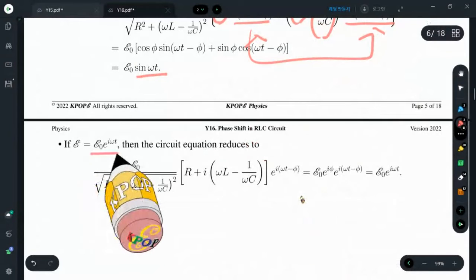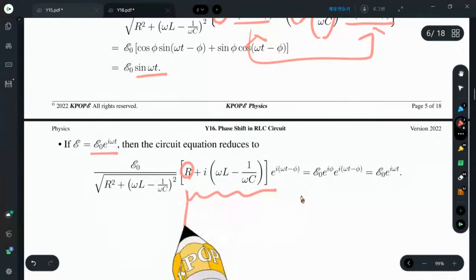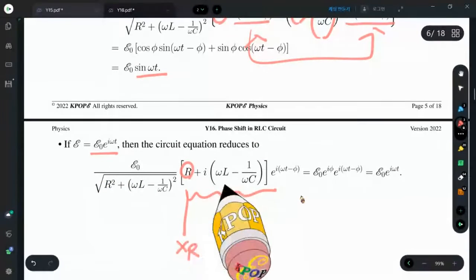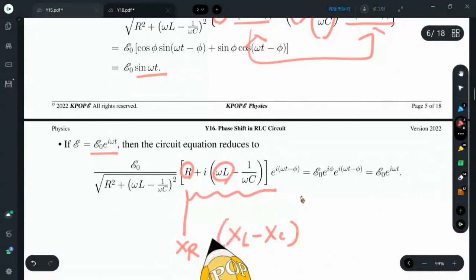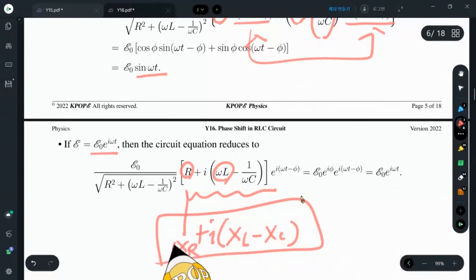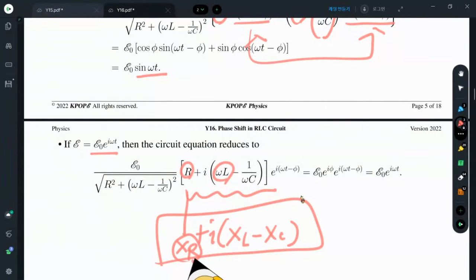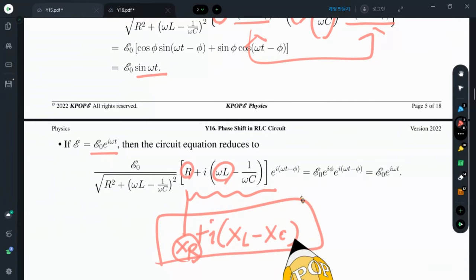And if you consider exponential, it is explicit that this XR and this XL minus XC construct a complex number. R represents the real part. XL subtracted by XC represents an imaginary part.